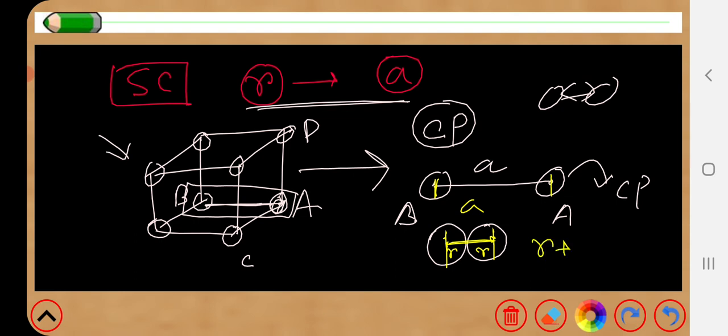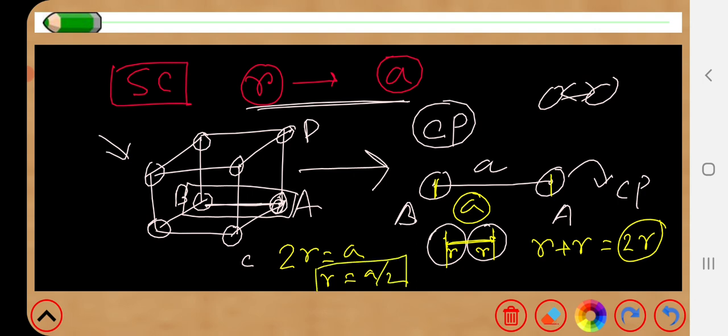It is R plus R. This is 2R, and this 2R is the same as A. So we can write 2R is equal to A, or R is equal to A by 2. And as we all know, A is the lattice parameter, which can be found out by experiment. So it is known to us. If we know A by any experiment, X-ray diffraction, XRD experiment, then we can find out the radius of the atom. Okay.